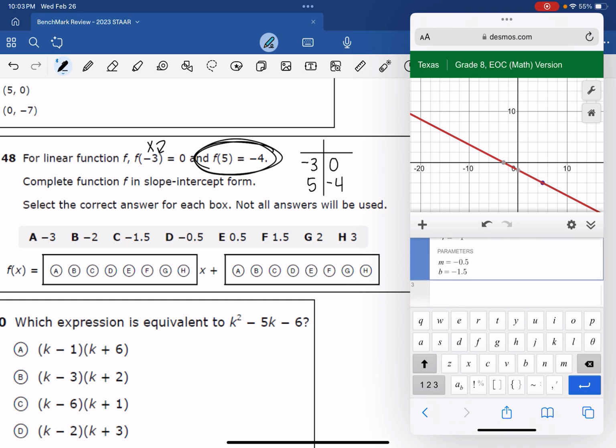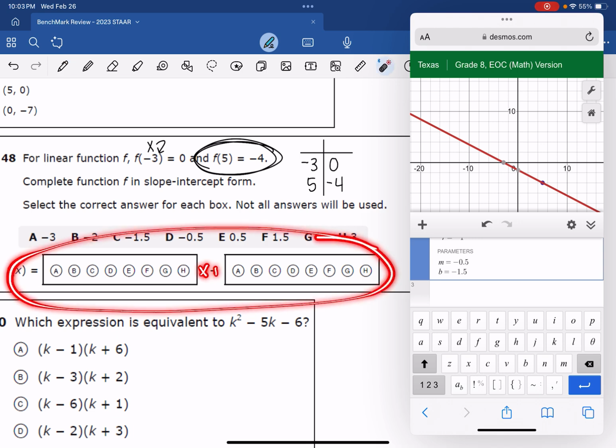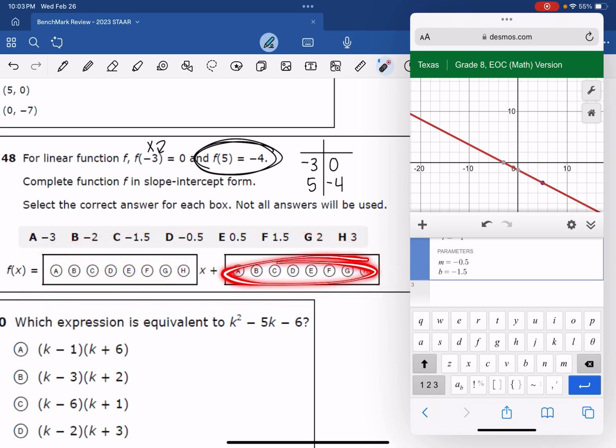So it tells me that my slope is negative 0.5. And right here they have us writing it in an equation. They have the x right here, a plus sign. So slope is going to be chosen here. And our y-intercept is going to be chosen here. Okay? So if my slope is negative 0.5, that is the value of D. And then my y-intercept is negative 1.5. That is C.